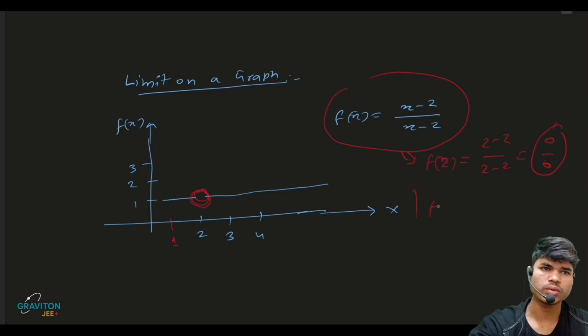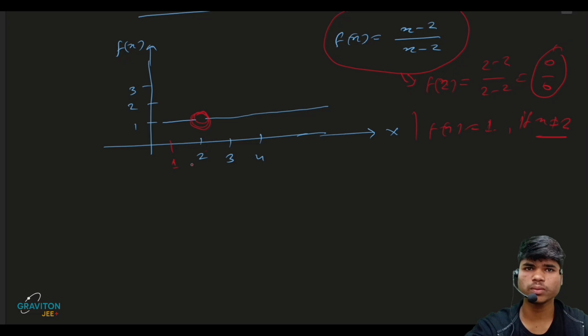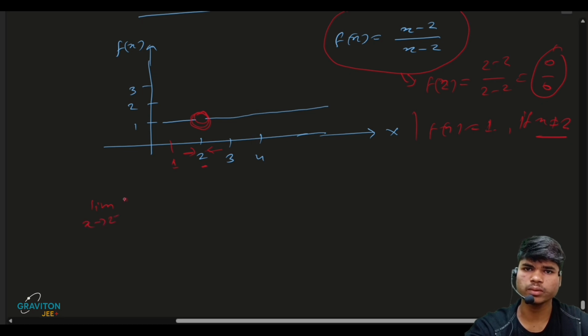This function f of x equals 1 if x is not equal to 2. We talk about the limit of this function. So we will approach this number from the left hand side and the right hand side but never achieve this number. Then we will write the left hand limit, x tends to 2 negative f of x.